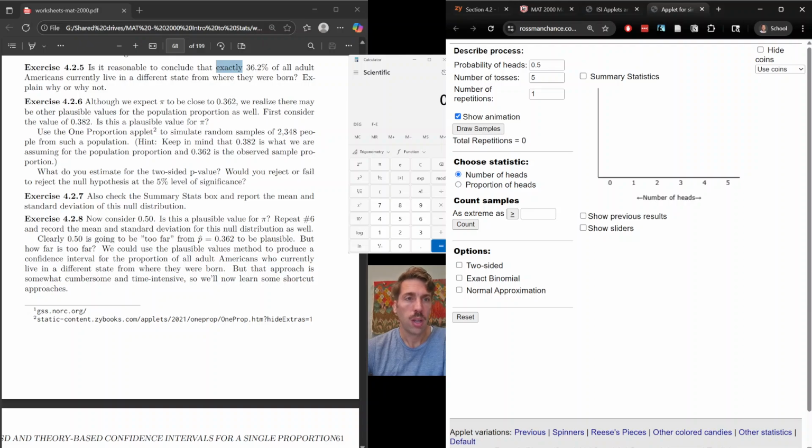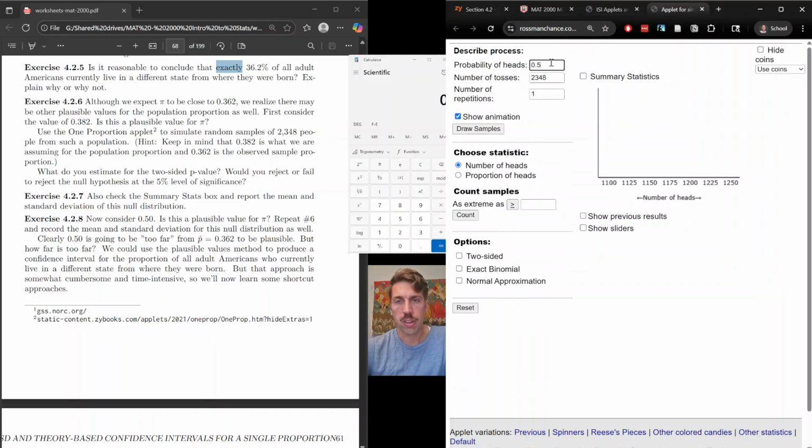Use the one proportion applet to simulate random samples of 2,348 people from such a population. First I know that my number of tosses will be 2348. And here, this number is not 0.5. There are two numbers given.